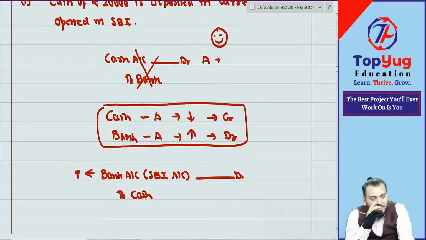Debit what comes in and credit what goes out. This is the rule of personal account. Then what is the rule of real account? Go to the rules. It's okay, nothing happens, everything will be fine. Go to the rules. What is the rule of personal account?